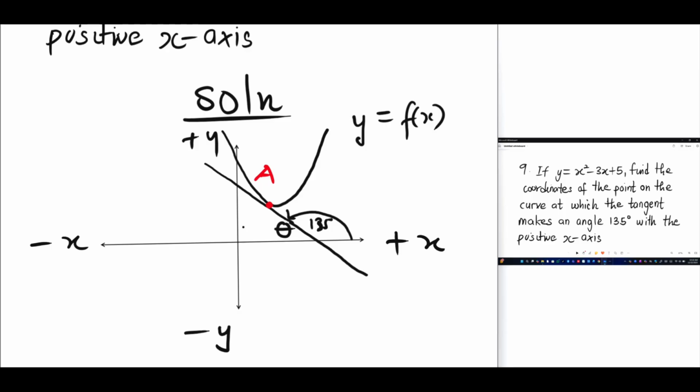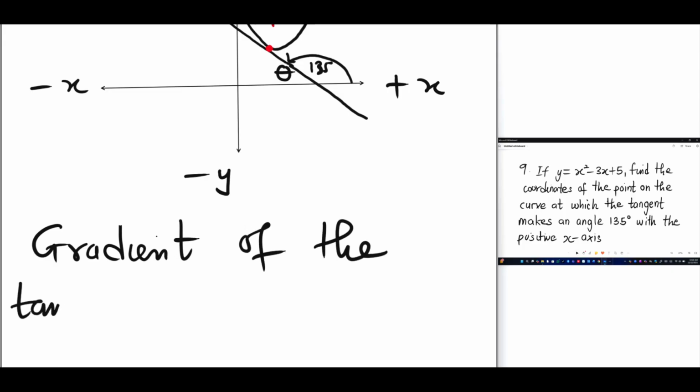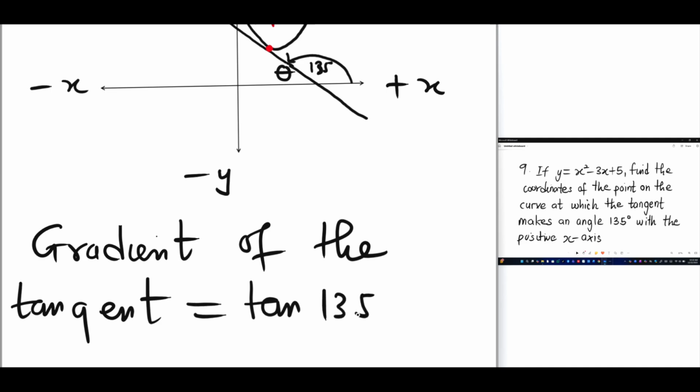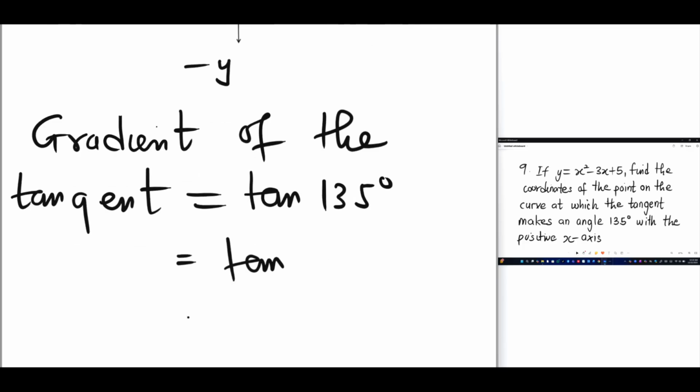Now you could see that the gradient of the tangent is equal to tan 135 degrees, which is the same as tan of 180 degrees minus 45 degrees.